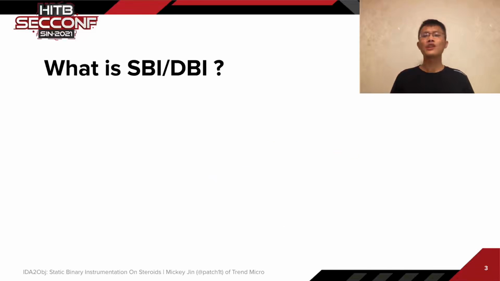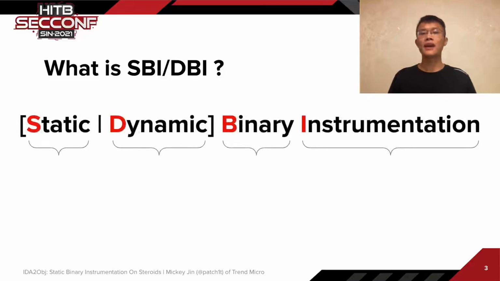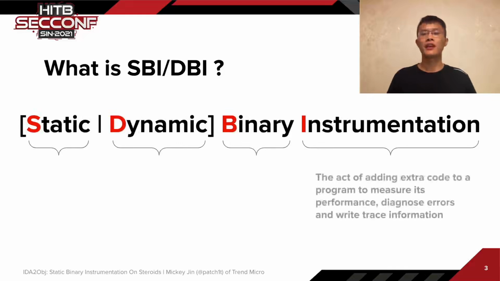So, what is SBI or DBI? The full name is Static or Dynamic Binary Instrumentation. Instrumentation means the act of adding extra code to a program to measure its performance, diagnose errors, and write trace information.